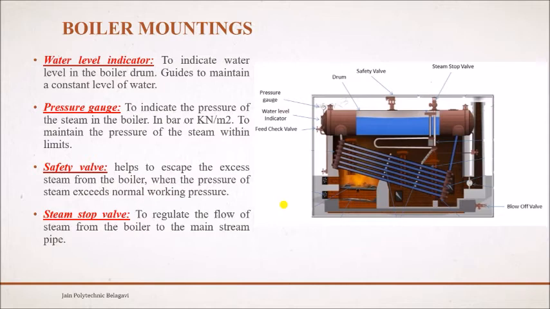Whatever steam is collected from this drum starts flowing through the main pipe into the turbine, and when you don't want the steam to be circulated to the turbine, you just close it. So the steam stop valve helps to regulate the flow of steam from the boiler to various applications, such as the turbine.